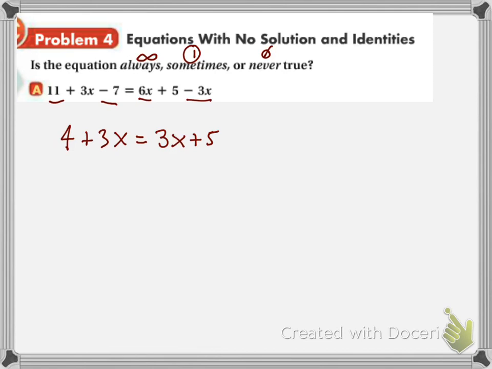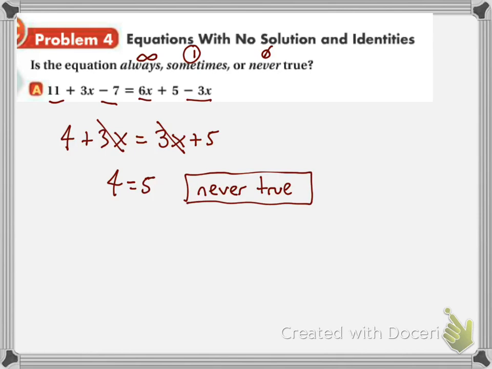Now, I see that I have a 3x on both sides of the equation, so I'm going to cancel this out. And I'm left with 4 equals 5. When I run into a situation like this, 4 is never going to be equal to the value of 5. So this is an example of when something is never true. No matter what you plug in for x, this equation will never make sense, or the sides will never equal each other.